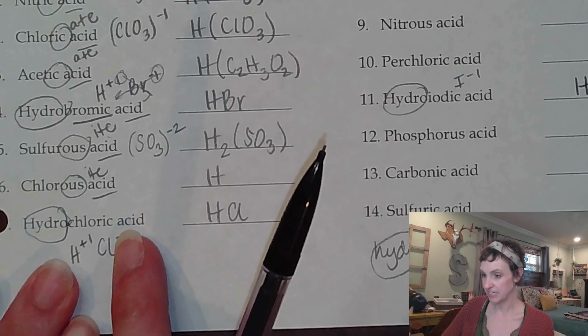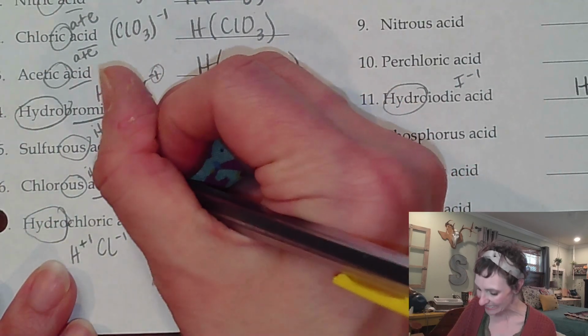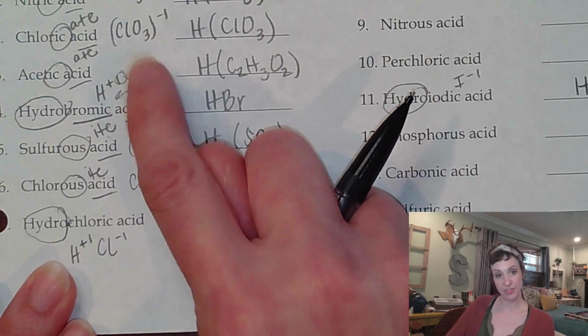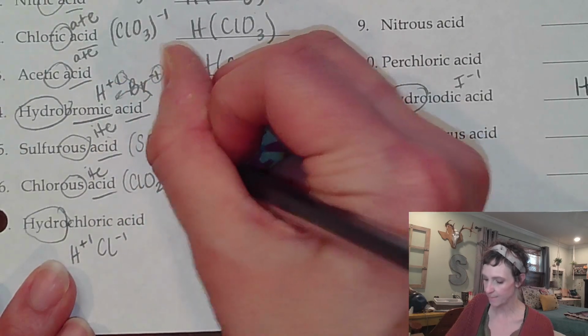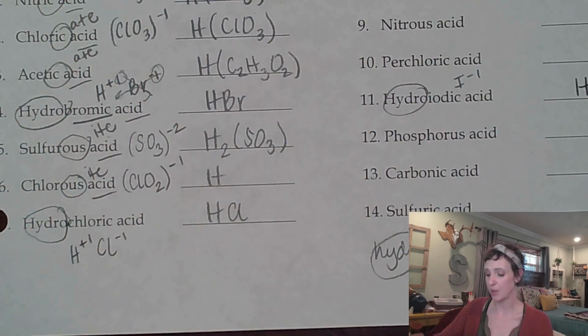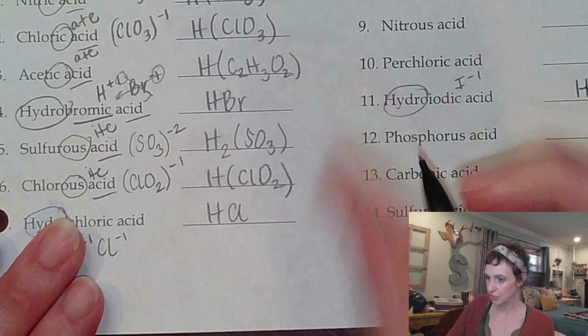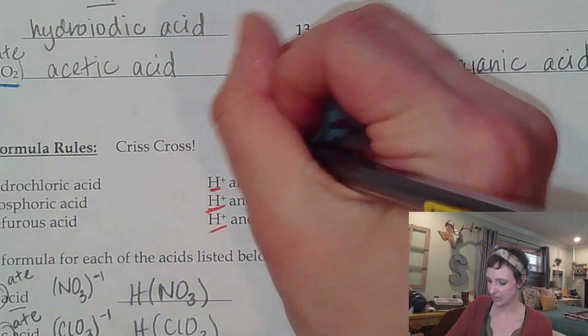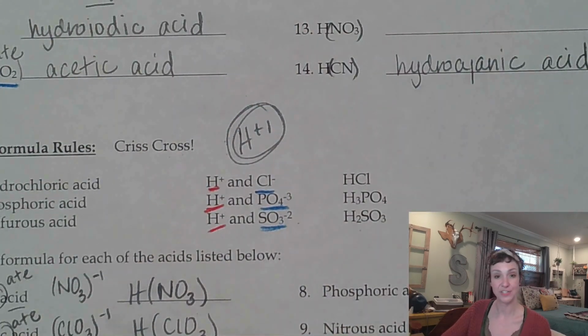And the last one I'm going to do over here is chlorous. Chlorous is chlorite. So chlorite is a lighter version than chlorate. So it's ClO2, but still with a -1 charge, which means it will be a 1-to-1 ratio, which will be HClO2. So the key thing here is hydrogen is always a +1, always, in all of these crisscrosses.